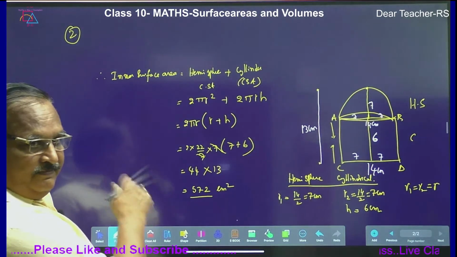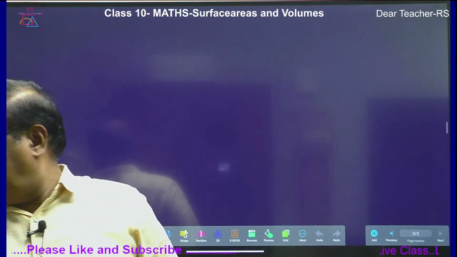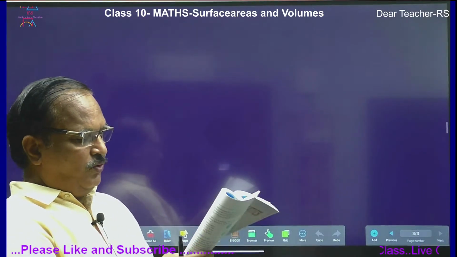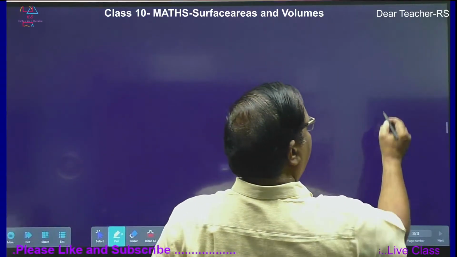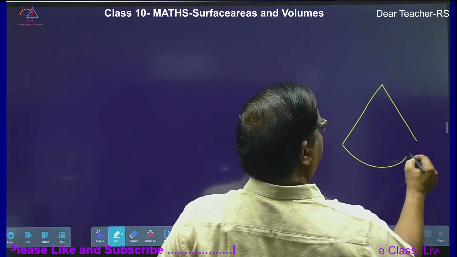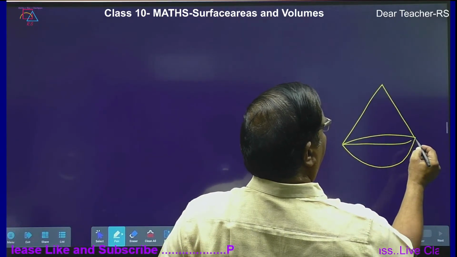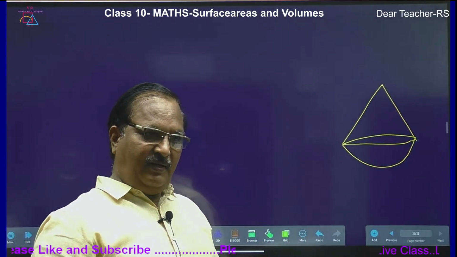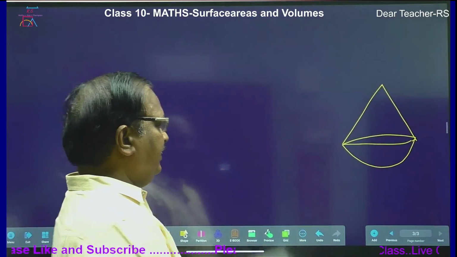Okay. So second question done, third question. A toy is in the form of a cone mounted by a hemisphere. So this will be a cone mounted by a hemisphere. Previously cylinder and hemisphere, now cone and hemisphere.